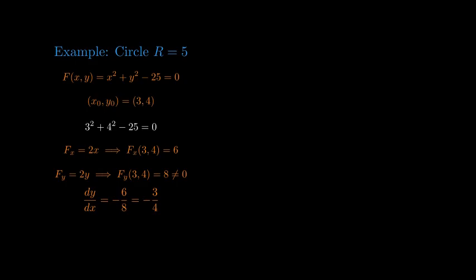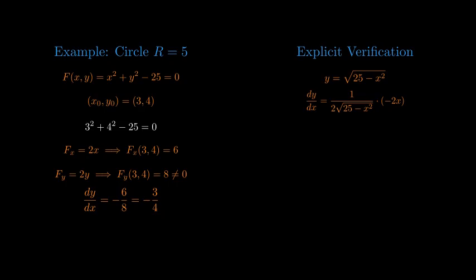Because the partial derivative with respect to y is 8, which is not equal to 0, the implicit function theorem guarantees that y can be locally viewed as a function of x. Applying our formula, the derivative of y with respect to x is the negative fraction of 6 over 8, which simplifies to negative 3/4.